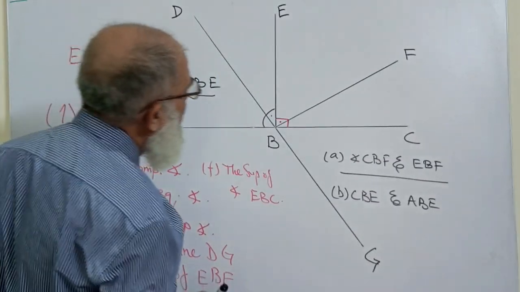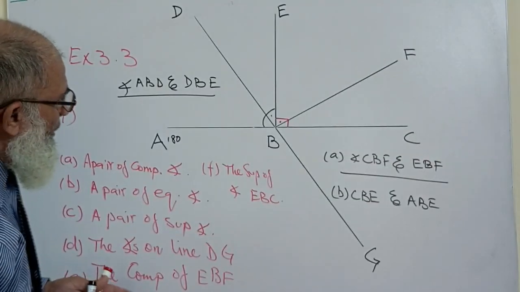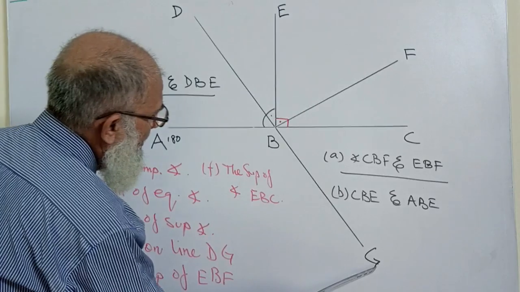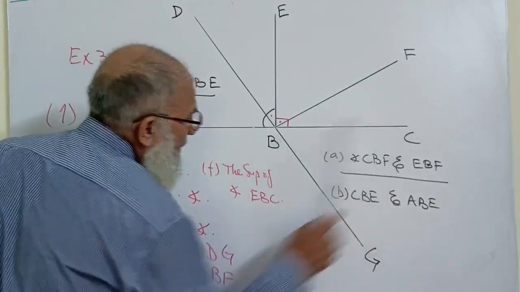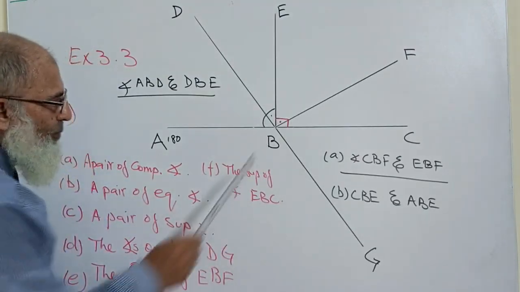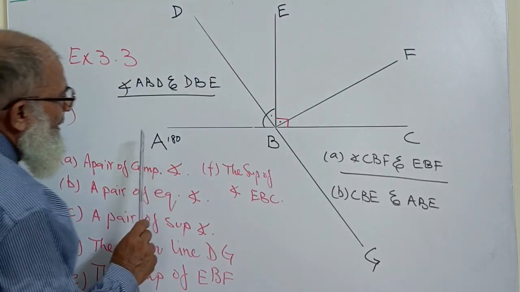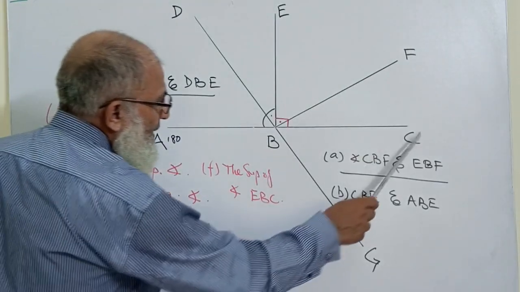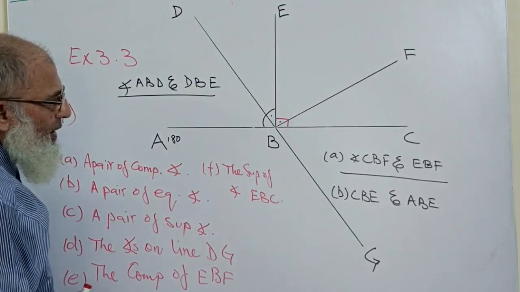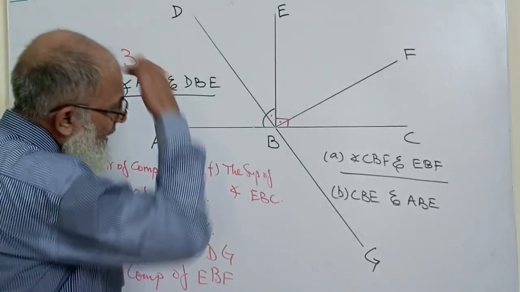Now there are more equal angles. If you can see them, this line and this line are intersecting each other at this point, point B. Line DG is intersecting line AC at common point B. Now what is happening over here is that pairs of angles are formed.